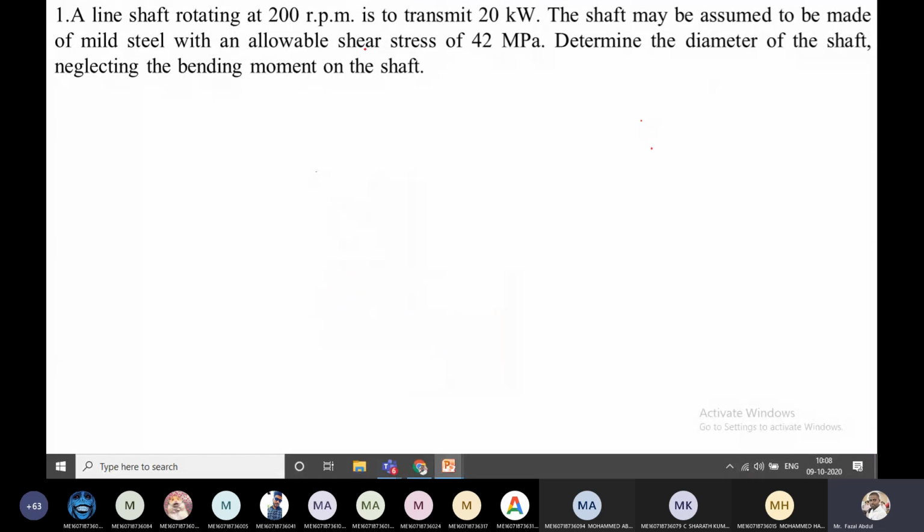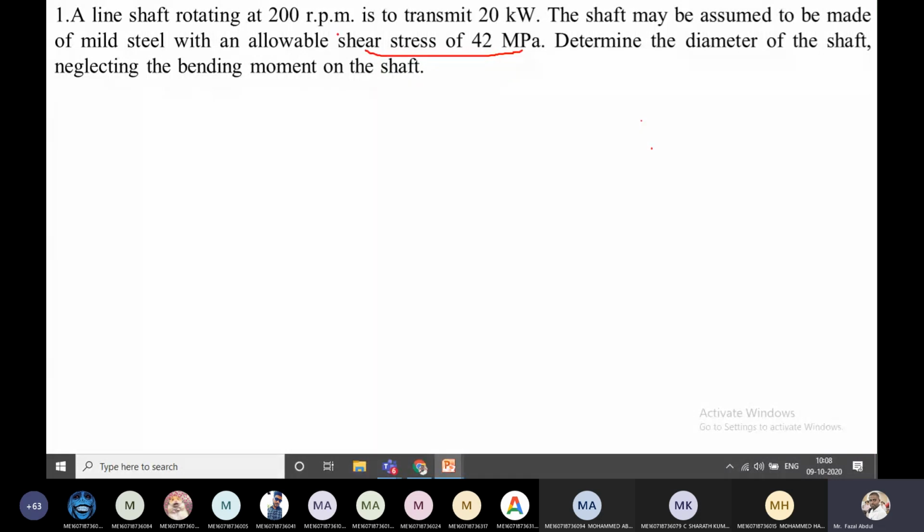Sometimes only the material type, like mild steel, will be given and the shear stress value is not given. Then based on this material, you need to consider the material properties. So you should concentrate on the type of material. Shear stress is given as 42 megapascal, and we are asked to calculate the diameter of the shaft, neglecting the bending moment.